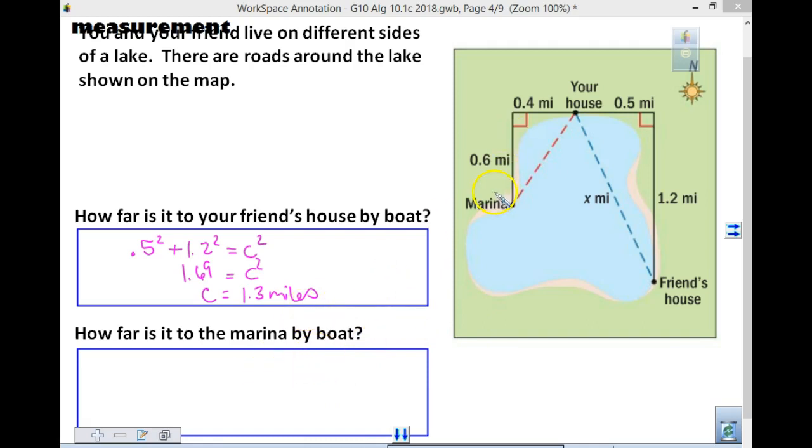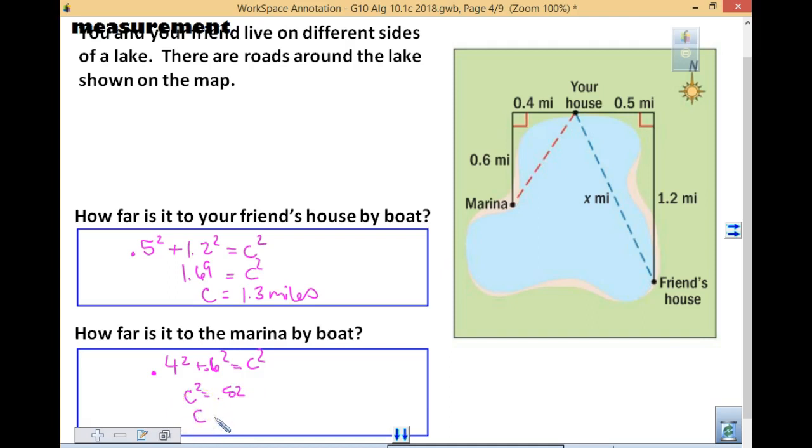This one says, how far is the marina by boat from your house? So this time, you are going to be looking at a being 0.4 squared plus b being 0.6 squared equaling c squared. So c squared should be equal to, when you put it in your calculator, what did you get, Taylor? C squared? 0.52. And now you're going to take the square root of both of those.